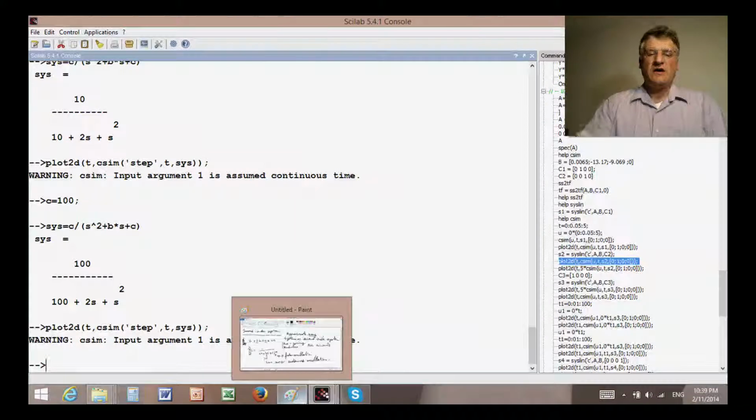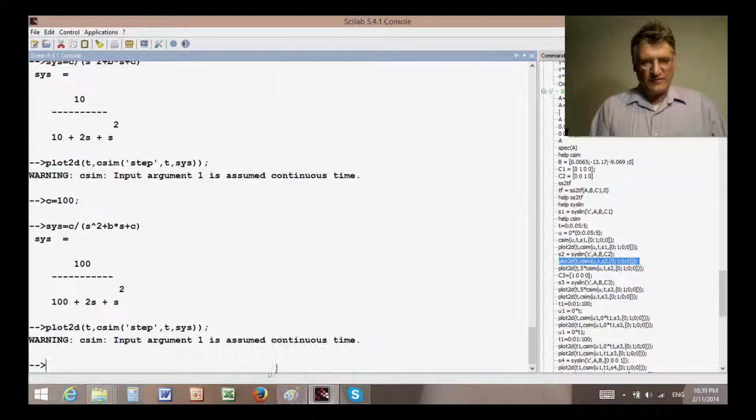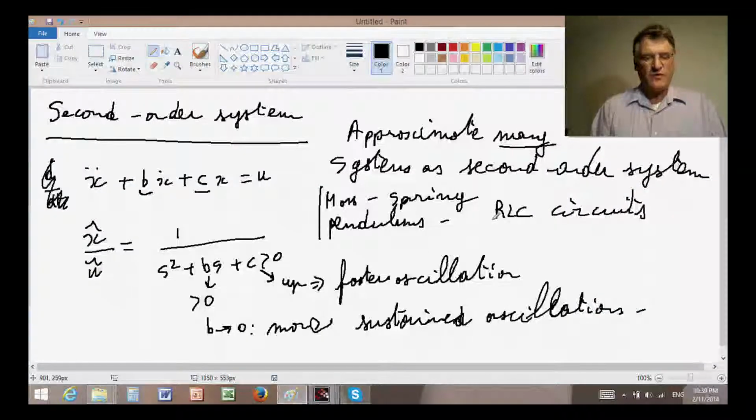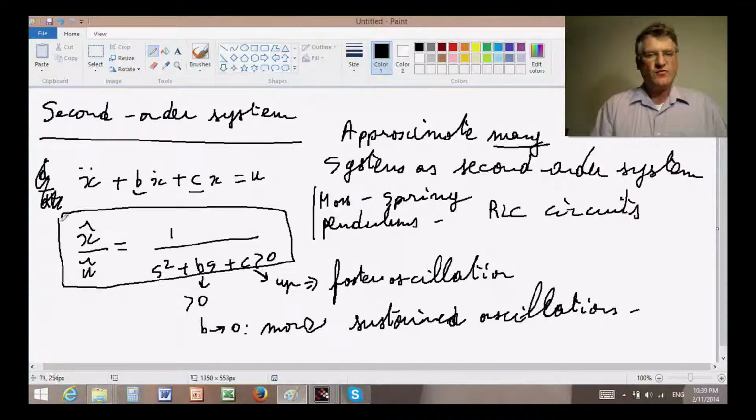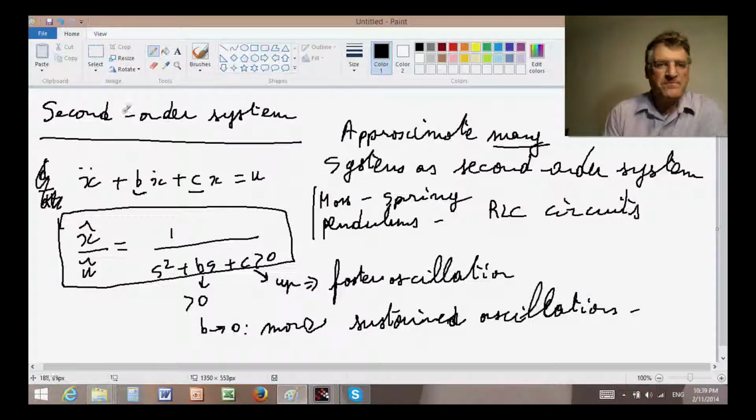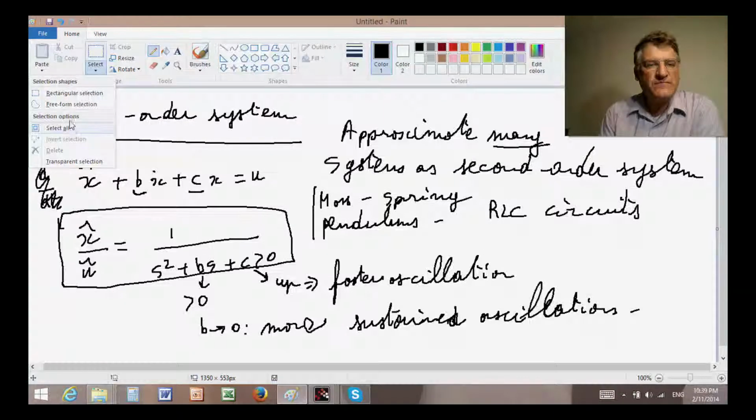So to understand more fundamentally what goes on here, we need to study this guy in more detail, and this is exactly what we're going to do.